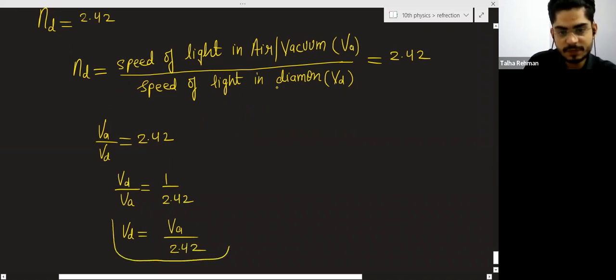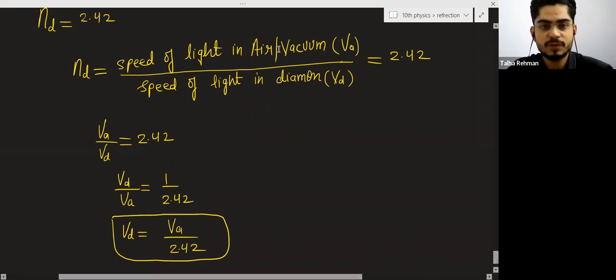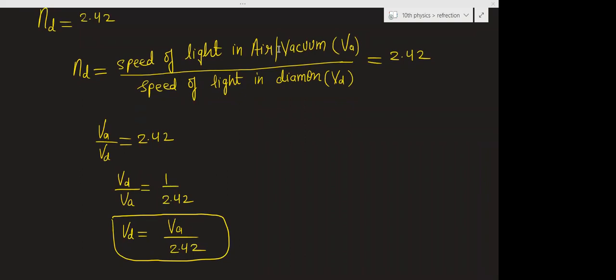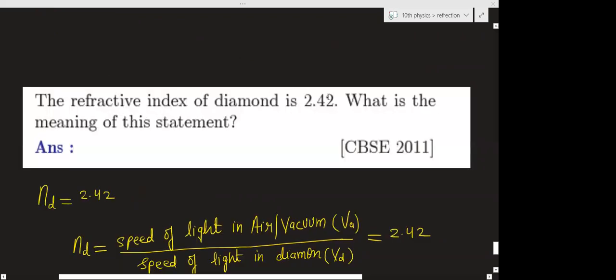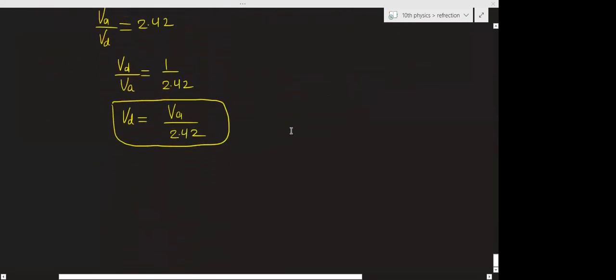So the meaning of the statement, the refractive index of diamond is 2.42, is that you will say the speed of light in diamond is 1 upon 2.42 times the speed of light in air.